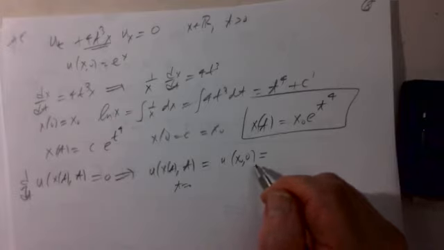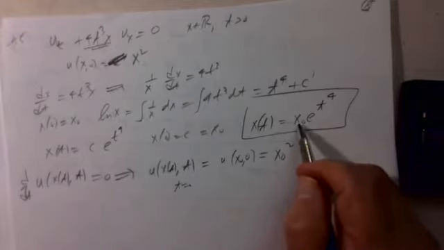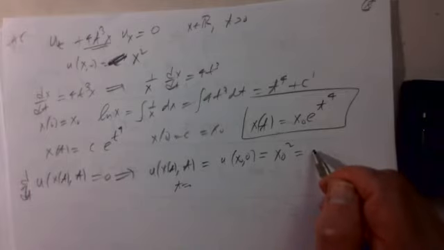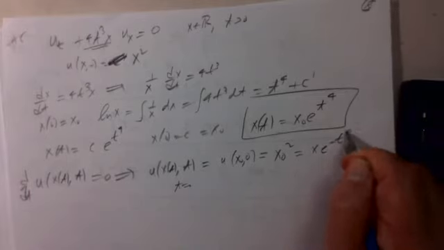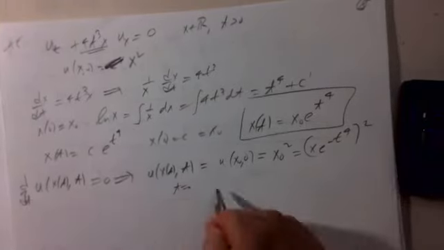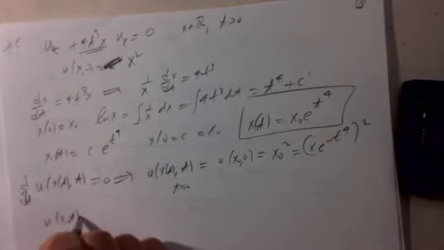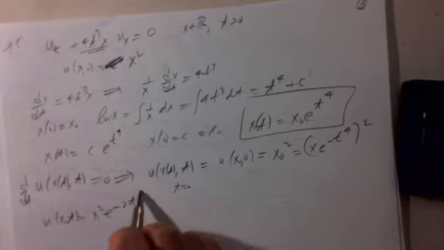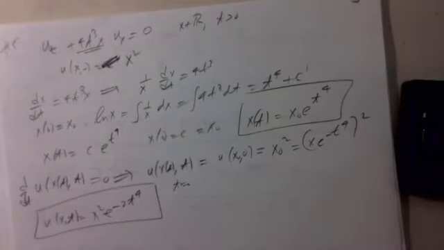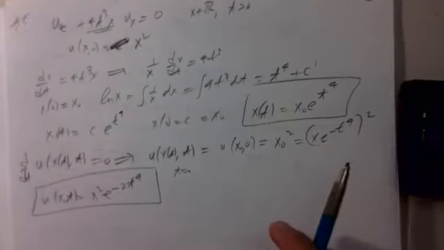The initial condition was x squared equals x naught squared. What is x naught? X naught is x e to the minus t to the 4th, squared. So this is equal to x squared e to the minus 2t to the 4th. When you square e to the t to the 4th, you don't get t to the 8th, you get e to the 2t to the 4th.